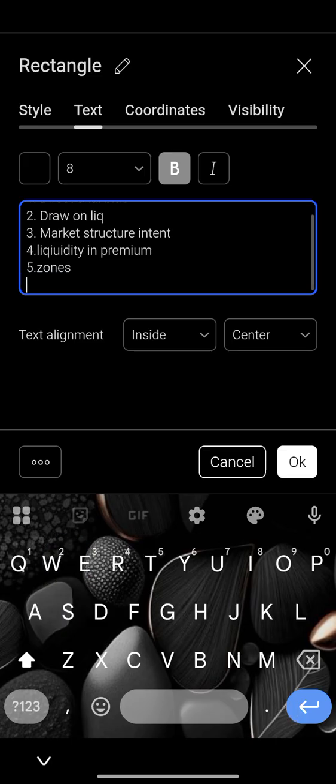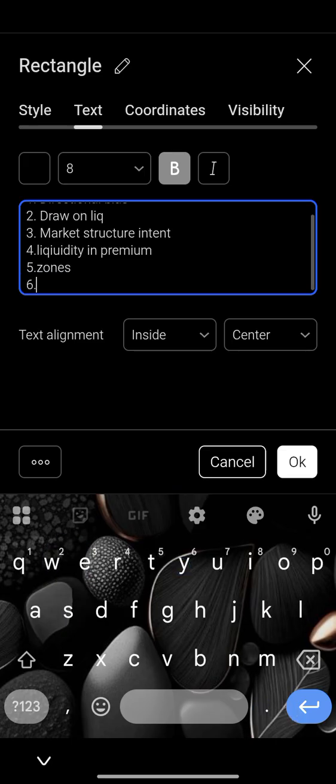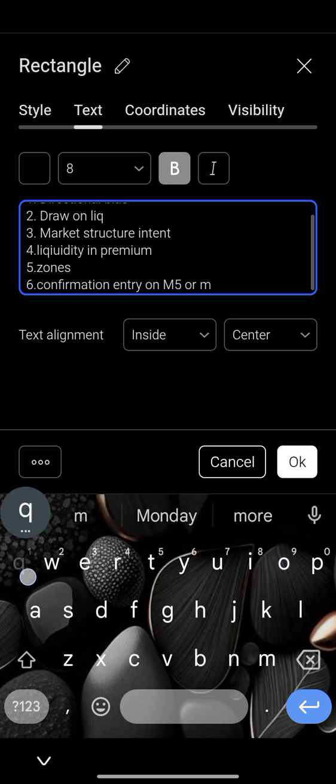Then the last part is confirmation entry on M5 or M15.